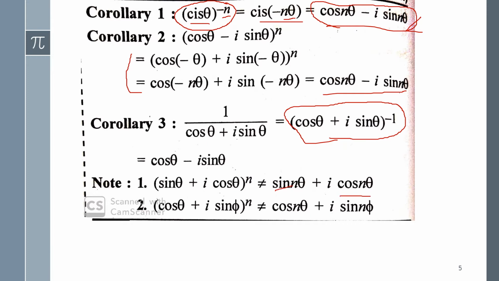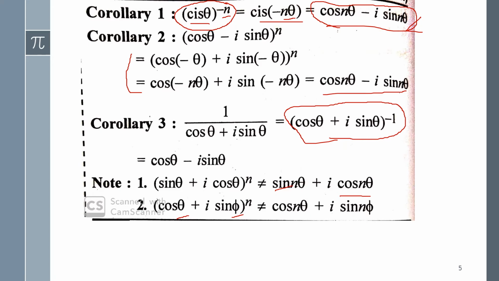And the second one is given: cos theta plus i sin phi whole raised to n does not equal cos n theta plus i sin n phi. Here the angle must be in the same position only. Here theta and here phi is not possible. Okay, so this one is a very important formula for the examples.